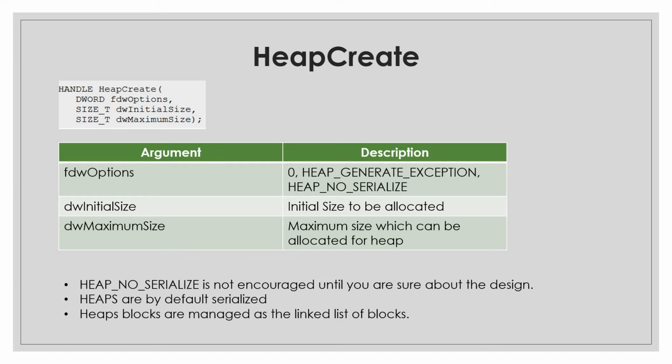Then the next line is again a fact which says that heap blocks are managed as a linked list of blocks. What does this mean? This means that whenever you allocate memory on the heap, the entire available memory is available in the form of blocks, and these blocks are maintained as a linked list. That is the meaning of this line.